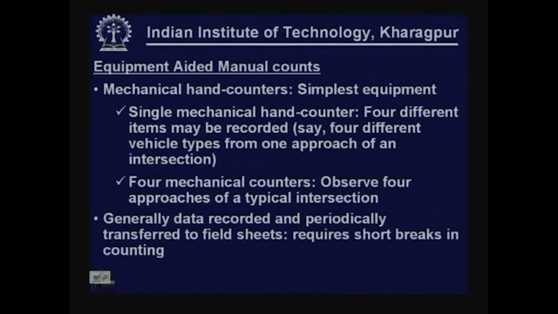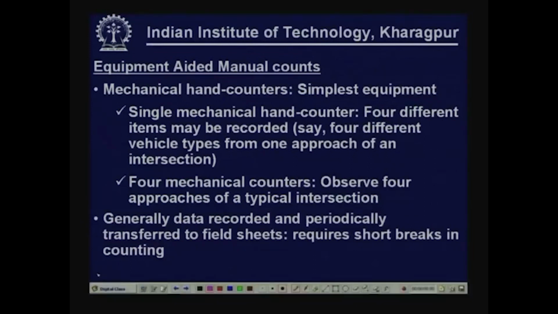Equipment aided manual count is also common. Here, most of the time the commonly used equipment is the mechanical hand counter, which is the simplest equipment. A single mechanical hand counter can normally record 4 different items, maybe 4 different vehicle types from one approach.